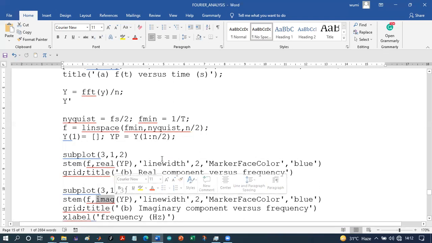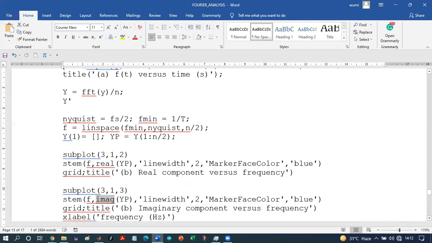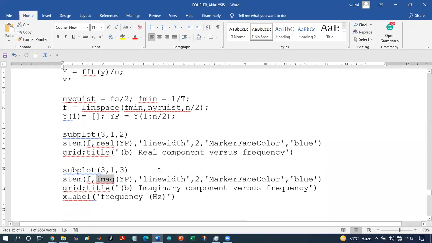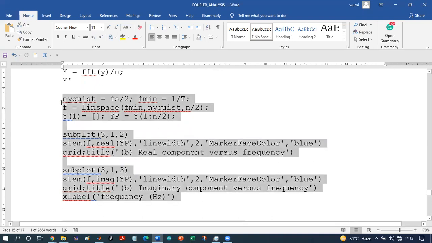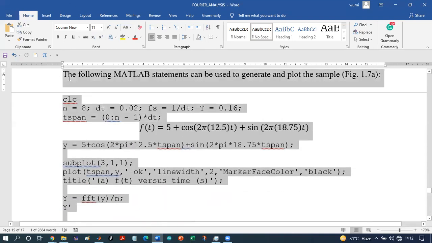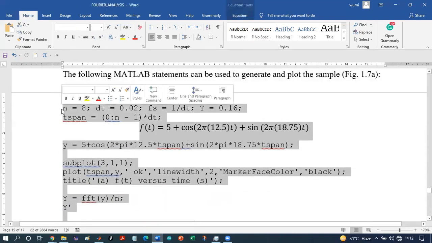So this is the Matlab code to solve the question. Like I said, the code is going to change depending on the question. So you have to really understand the code in order to be able to solve any particular question.